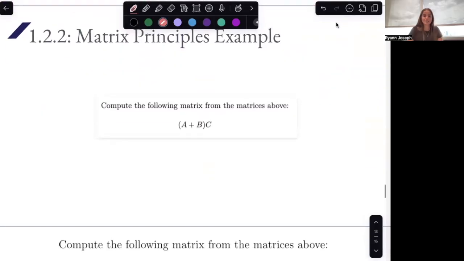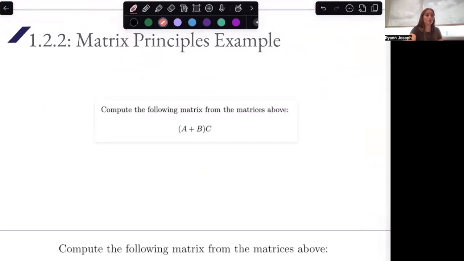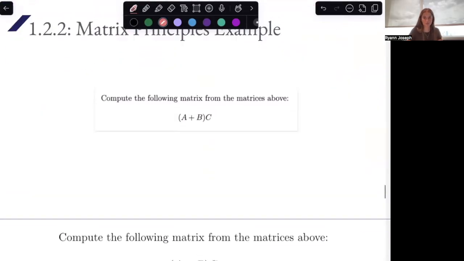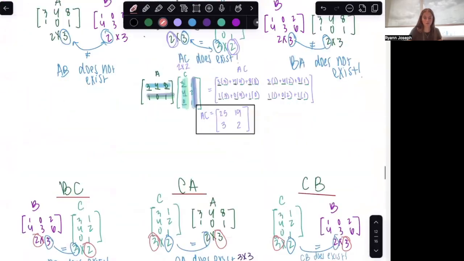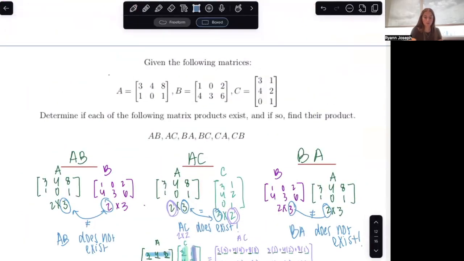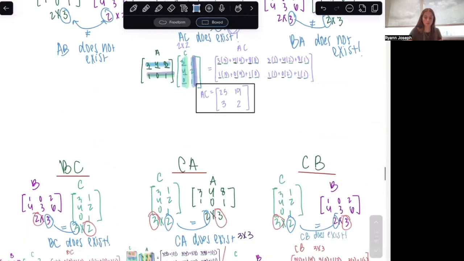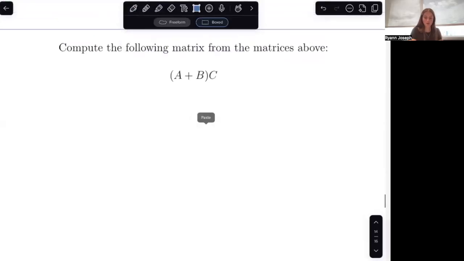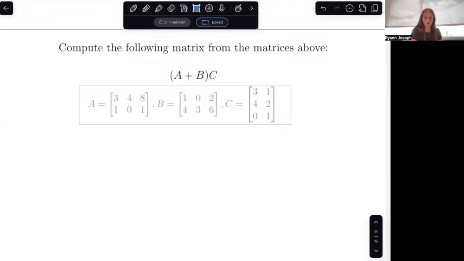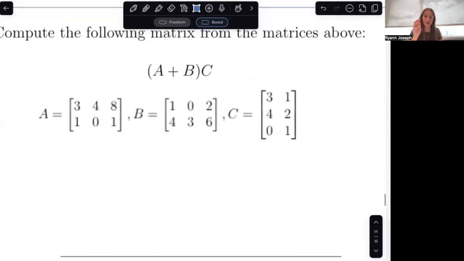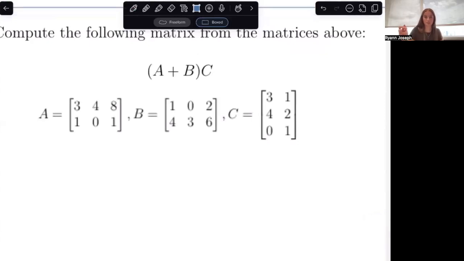So next question is we want to compute the following matrix from the matrices above. So using what we had before. So I'm going to take my matrices, A, B, C, bring them down here, and they want us to compute A plus B times C. So first thing I want to compute is A plus B, which is very straightforward.